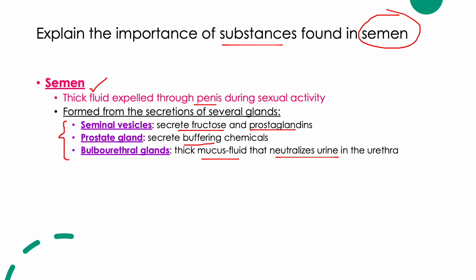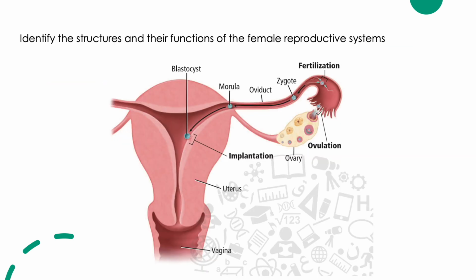Now we will move to the female reproductive system. We have to identify the structure and the functions of the female reproductive system. So the parts are very, very important. Have a look at this image, because in the practice question you need to label the same kinds of names. The outermost part is called the vagina.